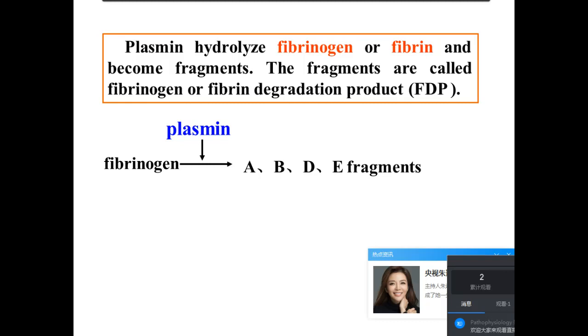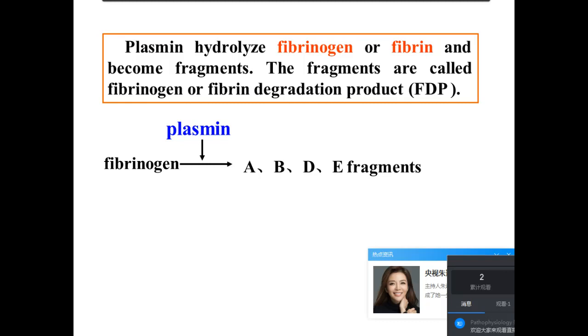Secondary refers to the coagulation system activated first, which next leads to fibrinolytic system activation, called secondary fibrinolytic system activation, because the coagulation system is activated first and this stimulates the second.